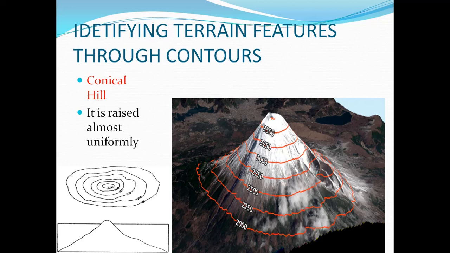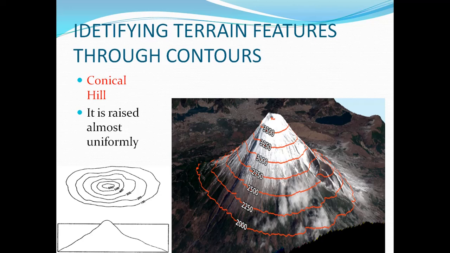A conical hill with uniform slope and narrow top is represented by concentric contours spaced at almost regular intervals. The narrow top of the hill is called the peak. So from that contour line you can have an idea about the height of the conical peak.